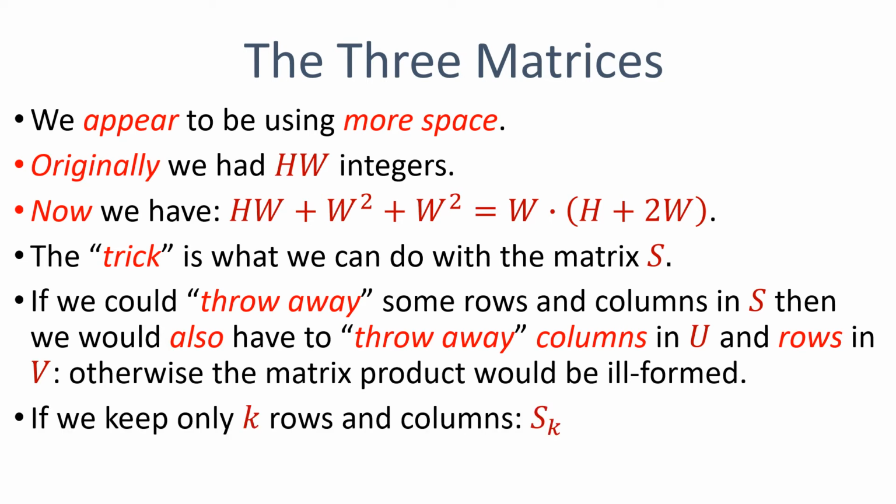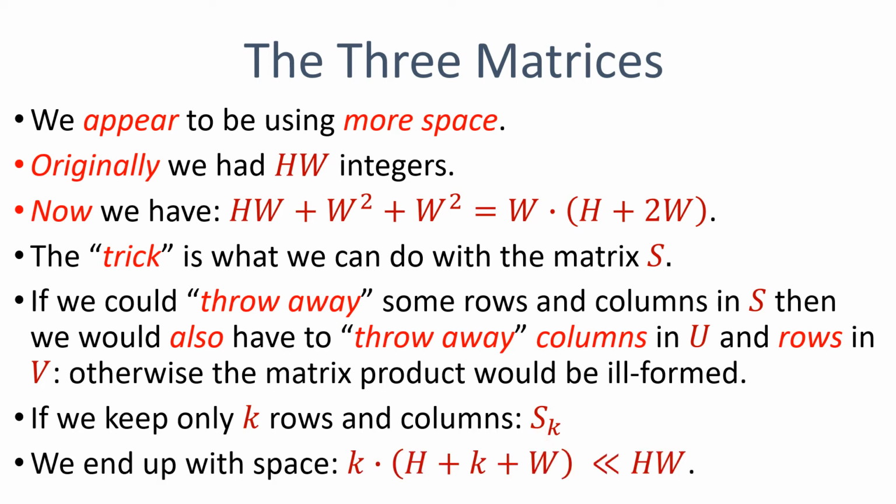So let's suppose we only keep some number of rows, let's call it k, in our middle matrix, and we'll use the notation S sub k to describe our new middle matrix.